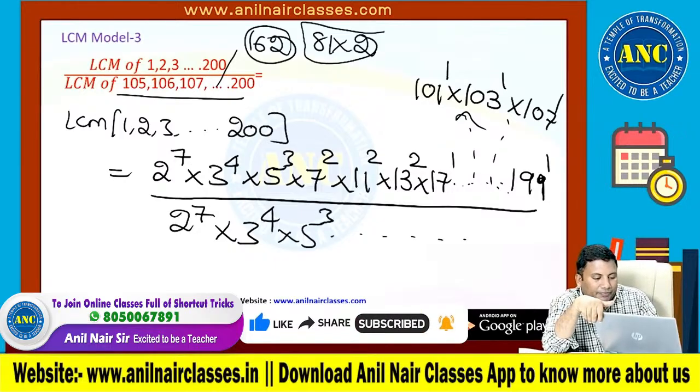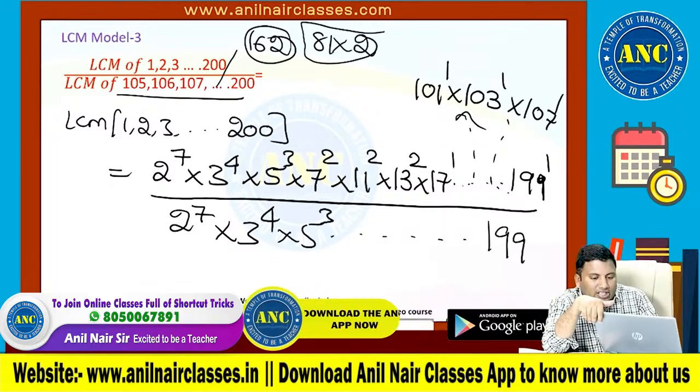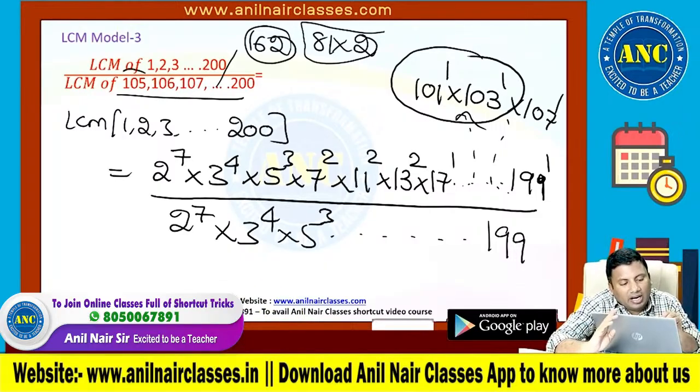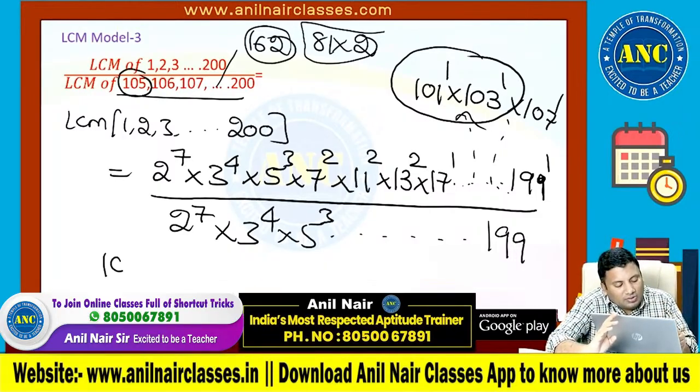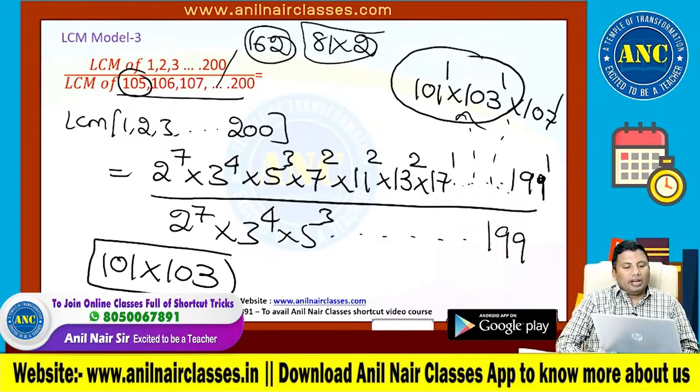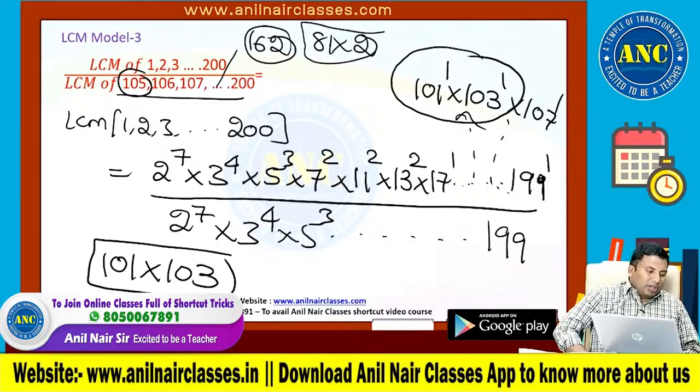Everything will come except these two numbers, because it is starting with 105. So what is missing? 101 into 103. 101 is missing, 103 is missing. Any doubts? Ask me.